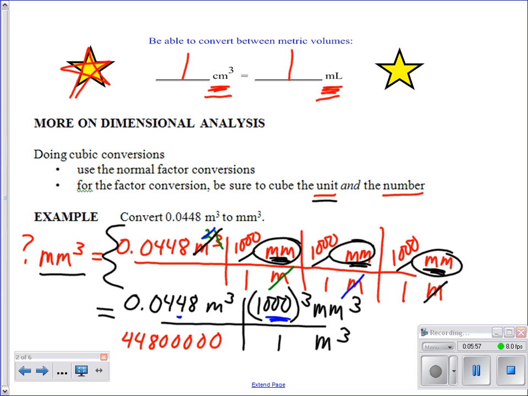When you convert that to scientific notation, personally I would look at that and probably throw it into scientific notation, which would be 4.48 times 10 to the what? 7. And then we always show our units. Oops, forgot my 10. Times 10 to the 7. Okay, yeah.